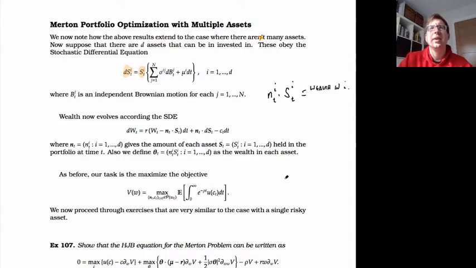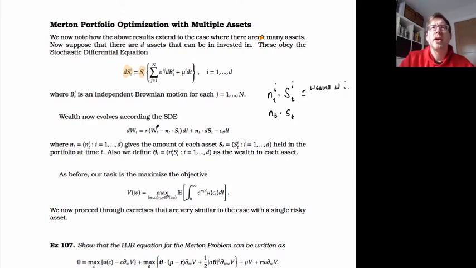And so if we take the dot product of n with S, we end up with the total amount of wealth that we have invested in stocks.